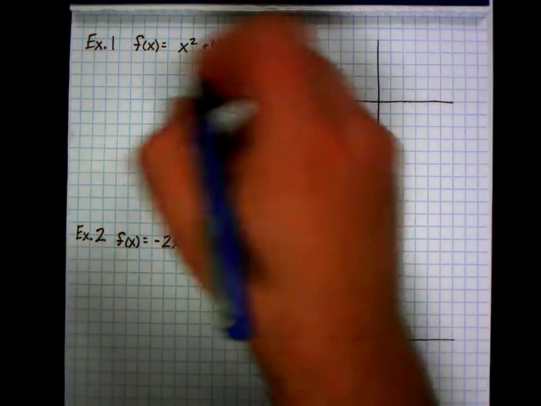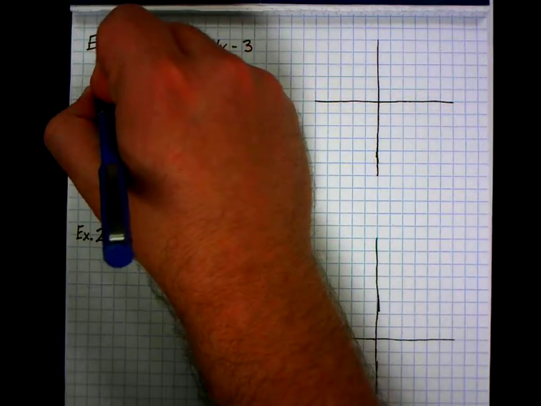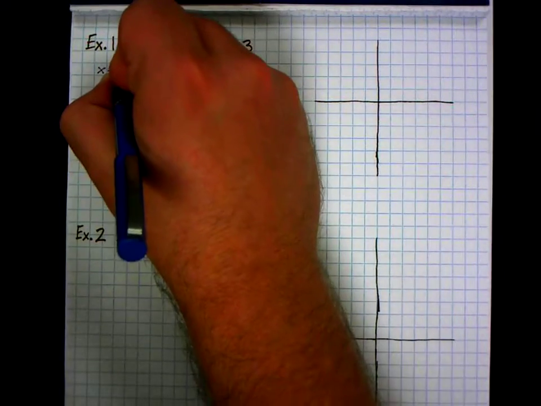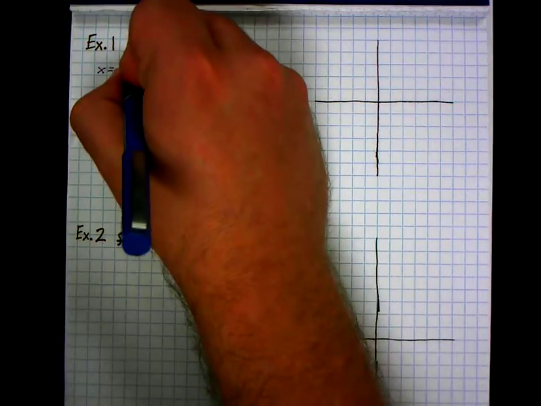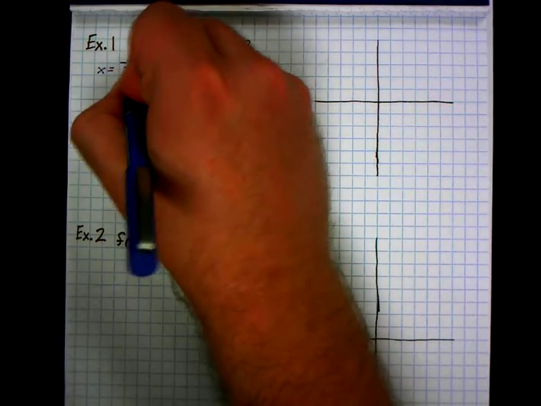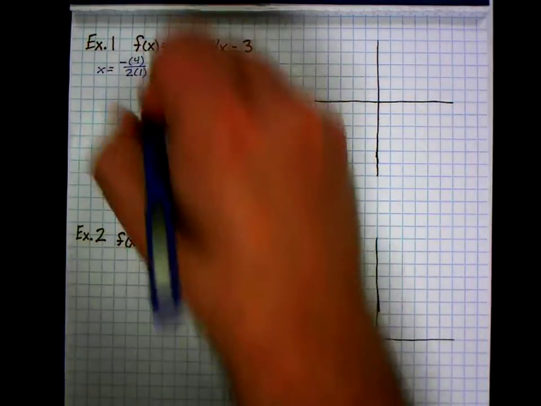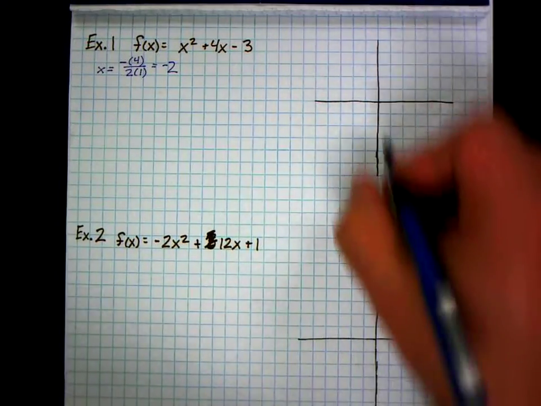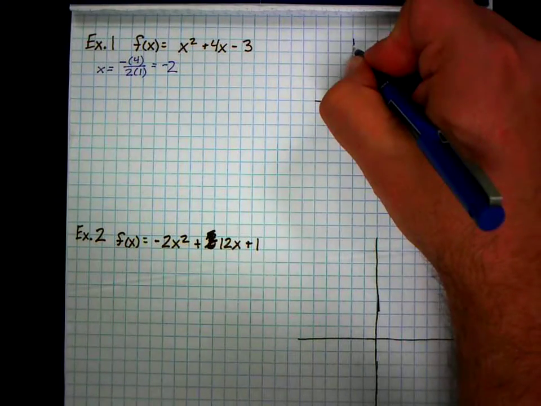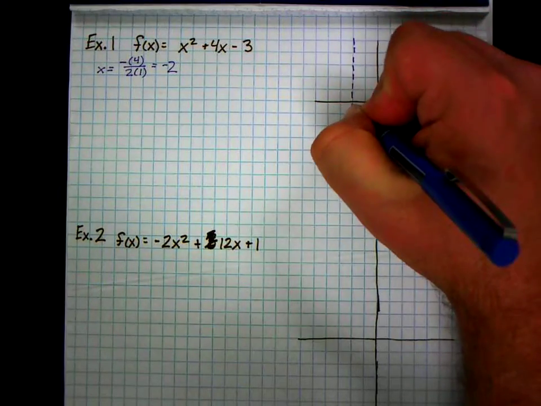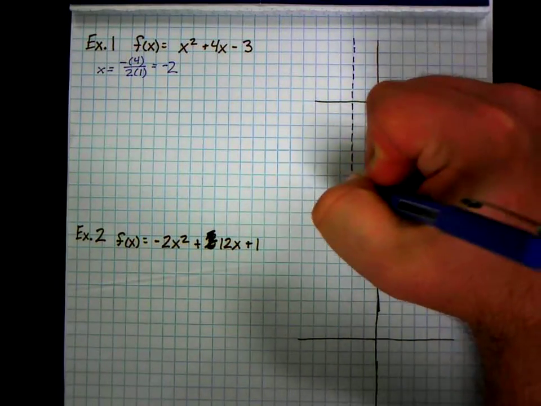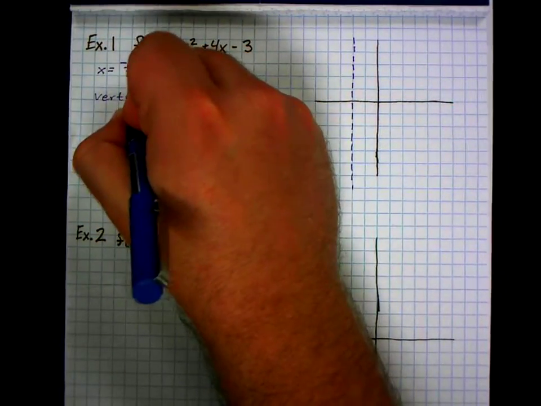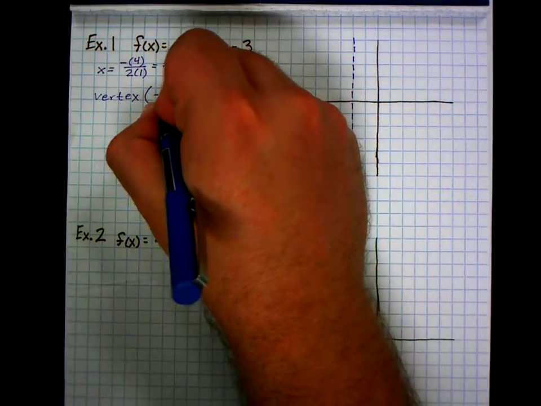All right, so to do this one, I'm going to go a little bit faster. We find our axis of symmetry. So I take negative b, b is 4, divided by 2 times a, a is 1. So my axis of symmetry occurs at negative 2. That means the x value of my vertex is negative 2.